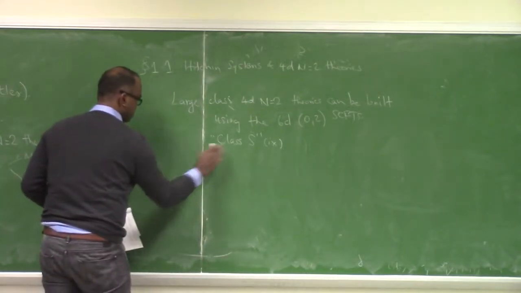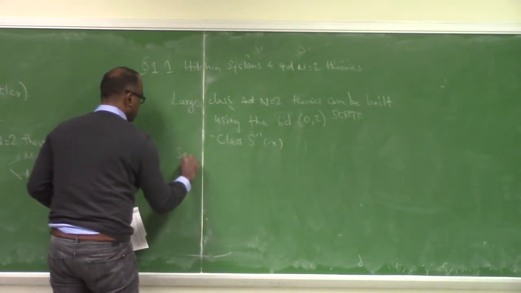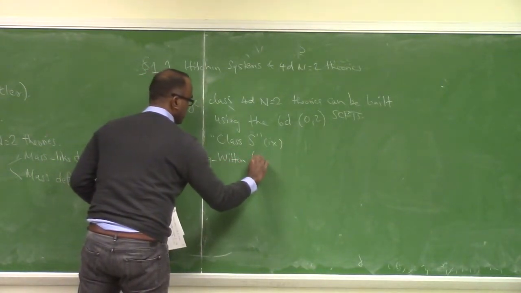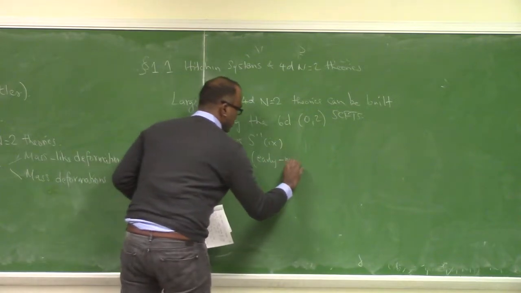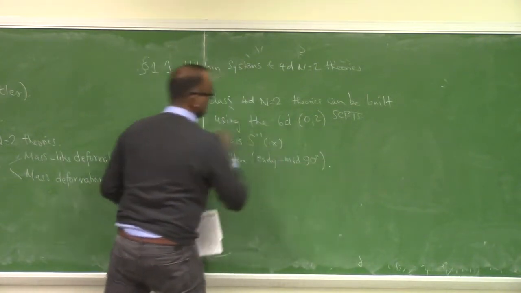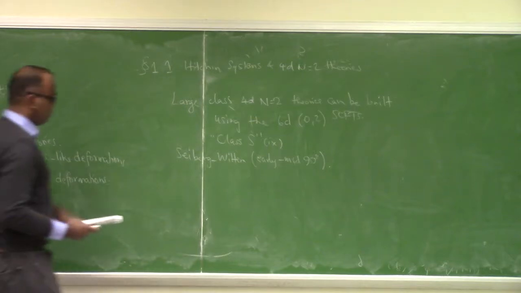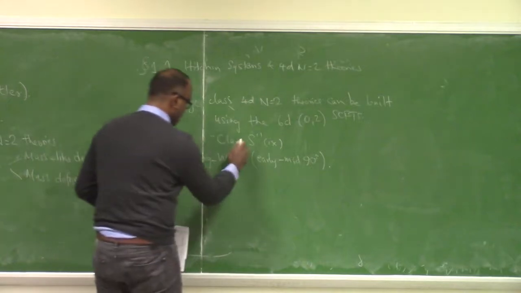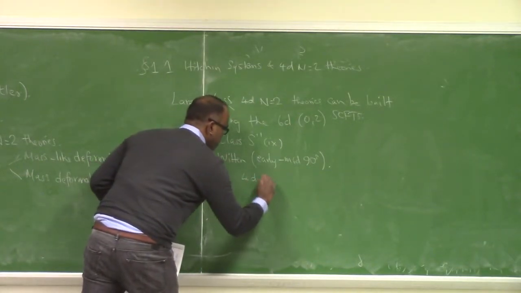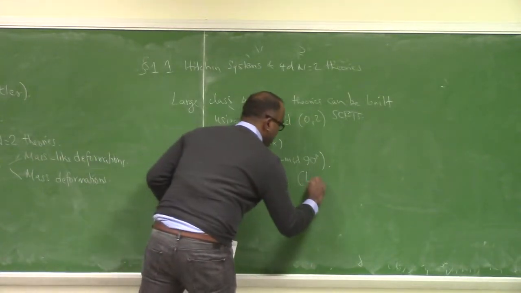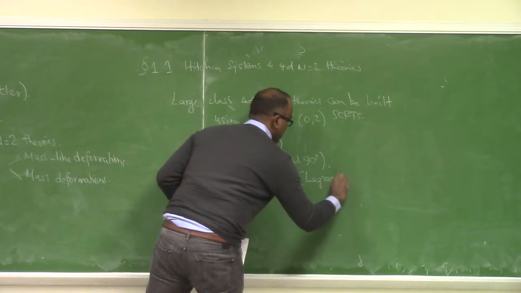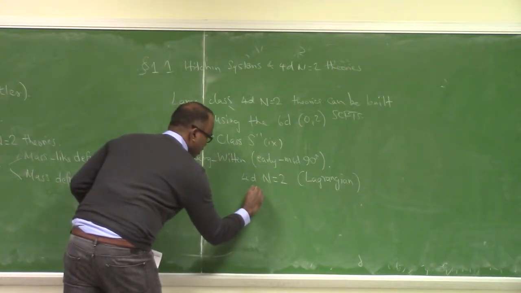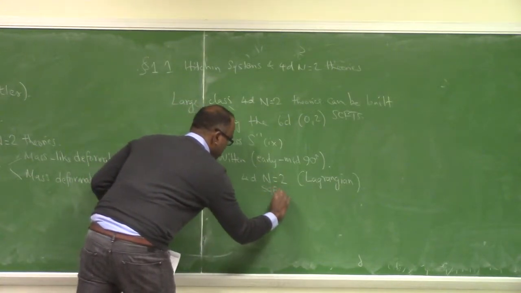There's a strategy for studying 4D n equals 2 theories that goes back to Seiberg and Witten in the early to mid 90s. Before telling you that, I should tell you about a generic 4D n equals 2 theory. Let's say it's Lagrangian, and in particular superconformal.